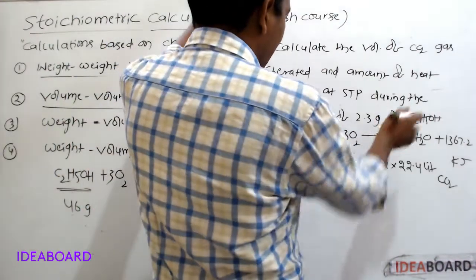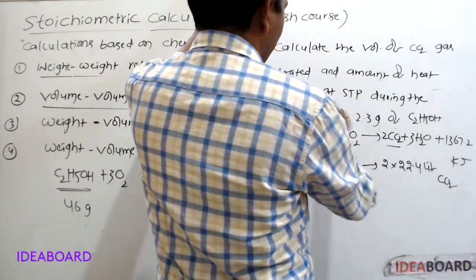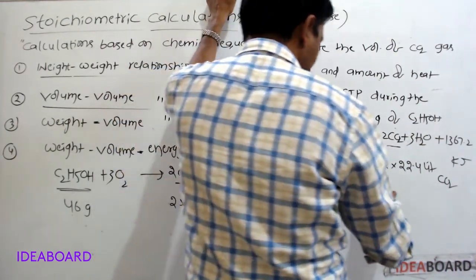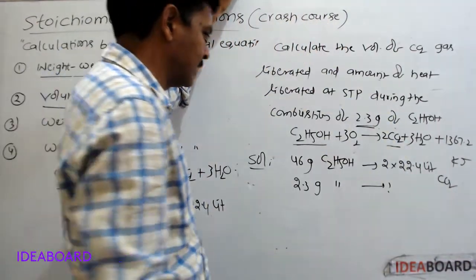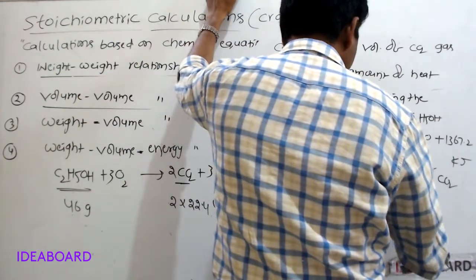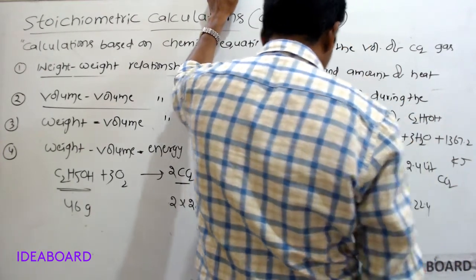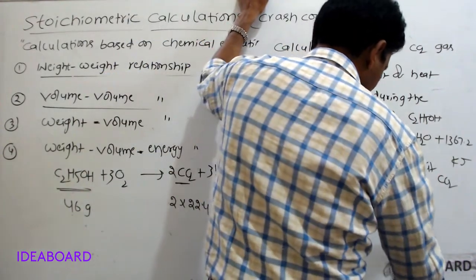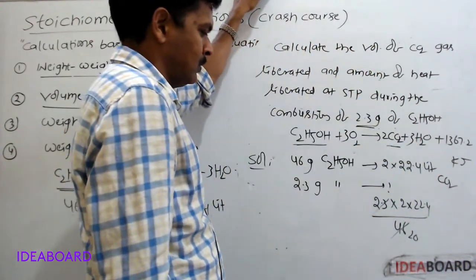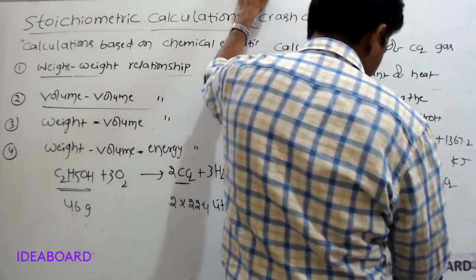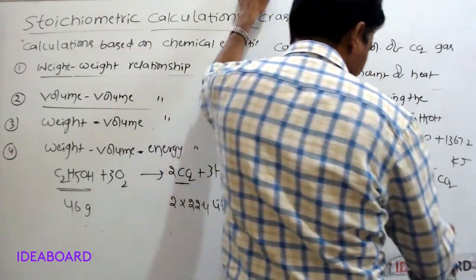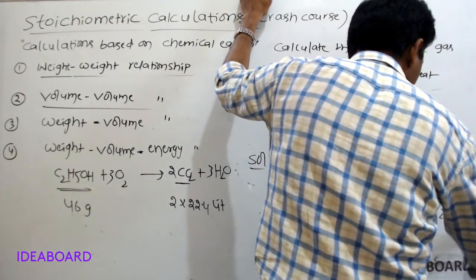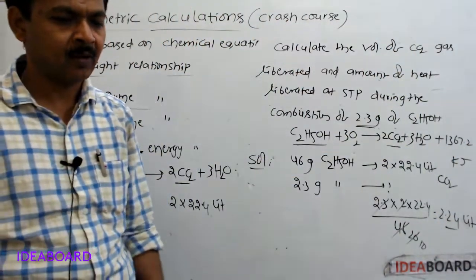Now we should calculate during the combustion of 2.3 grams of ethyl alcohol, how much CO2 gas will be liberated? 2.3 into 2 into 22.4 divided by 46. 2.3 twenties are 46, 2 tens are 20, 22.4 by 10 is 2.24. 2.24 liters of CO2 gas.